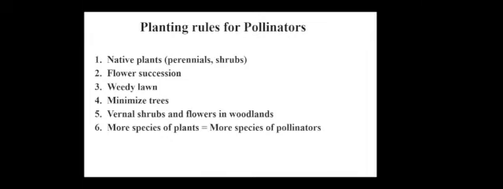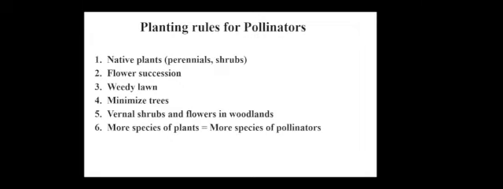We need a continuous flowering bed, and a weedy lawn is good. Sometimes I don't want weeds growing around our field, but after they grow they leave behind a lot of long straw. That straw provides a perfect nest site for native bees. And minimize trees. A lot of people think, oh, I have lots of trees surrounding my field, but that is not helpful for the pollinators.